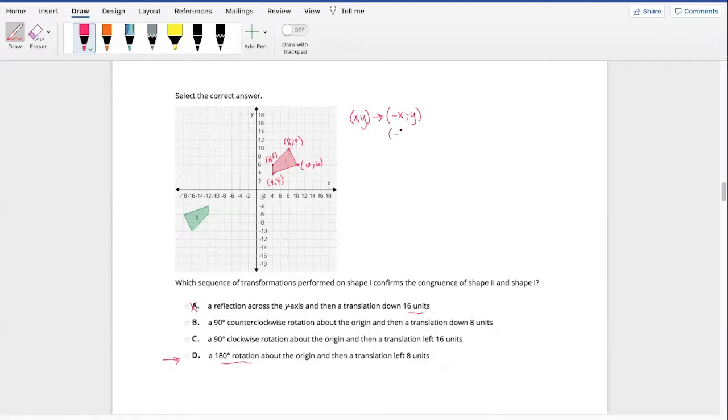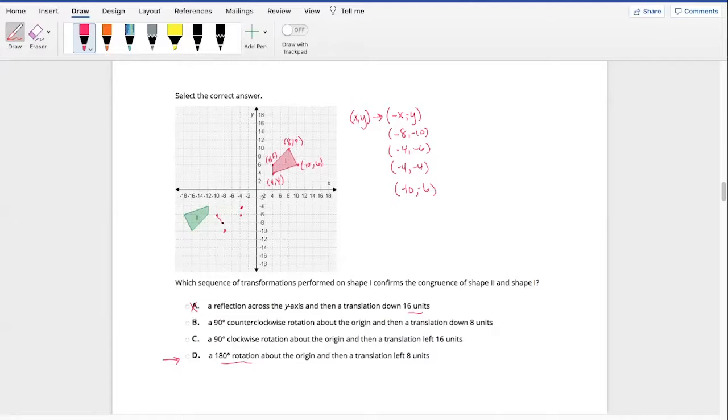So I would have -8, -10, -4, -6, -4, -4, and both negative, -10, -6. And if I plot that, let's see, so -4 is one of the points, -8, -10, -4, -6, and -10, -6.